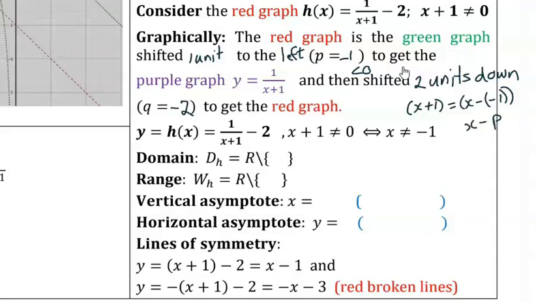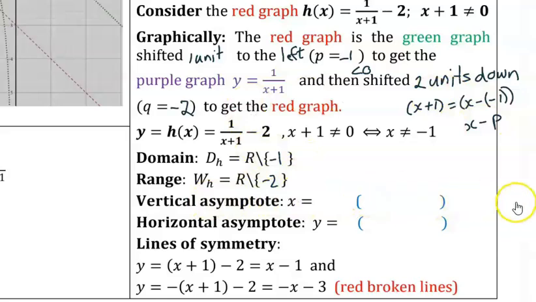Good, so now if I look at my h of x, then my domain is everything except -1. So we exclude the p-value, and everything except -2 for the range, so we exclude the q-value.